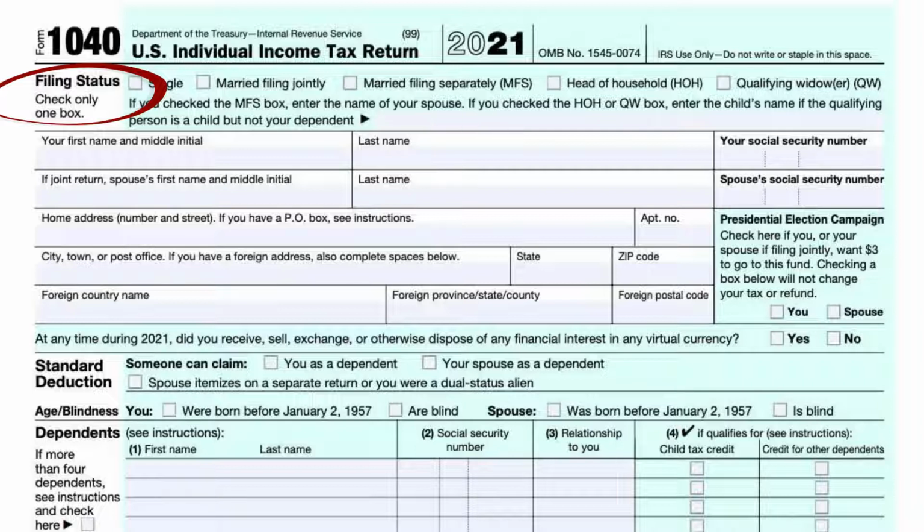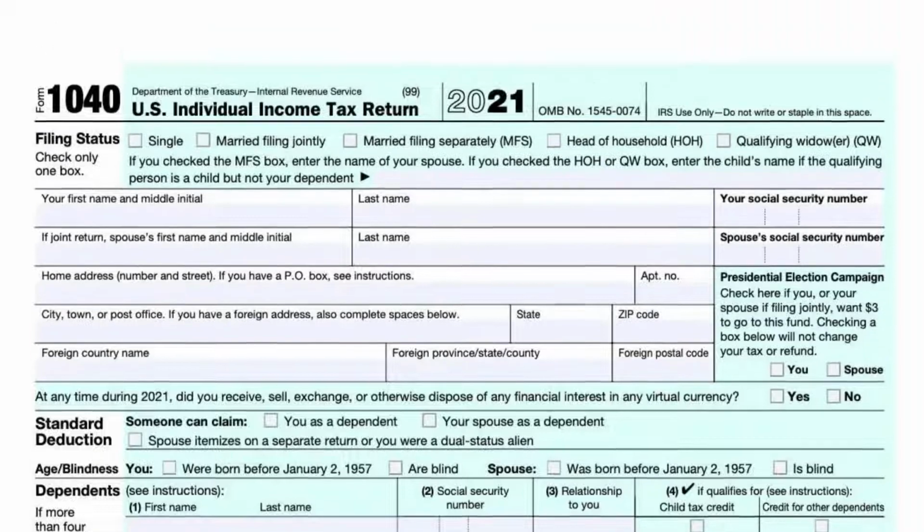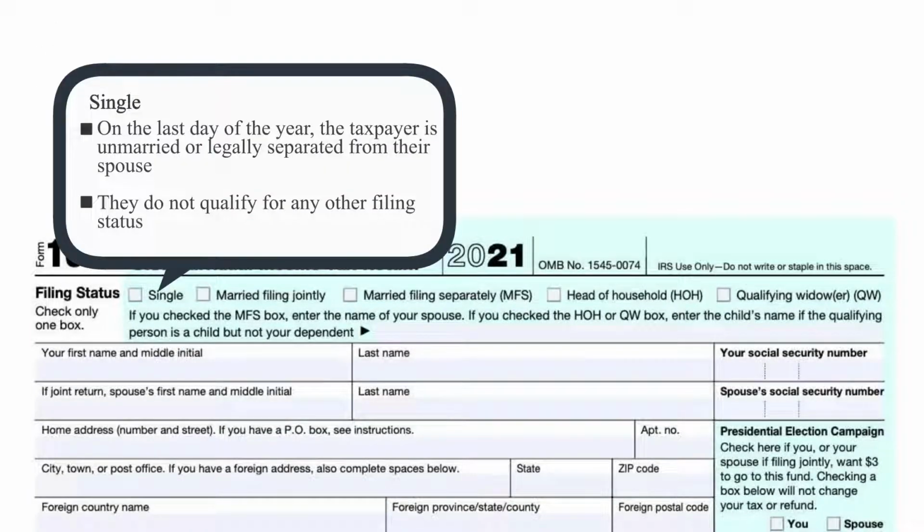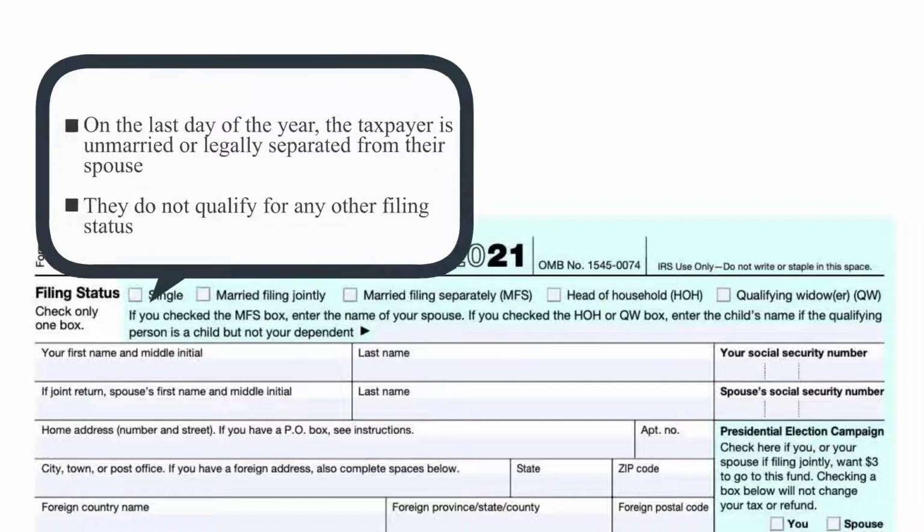There are 5 filing statuses: single, married filing jointly, married filing separately, head of household, and qualifying widower. A taxpayer's filing status is single if, on the last day of the year, the taxpayer is unmarried or legally separated from their spouse, or if they do not qualify for any other filing status.